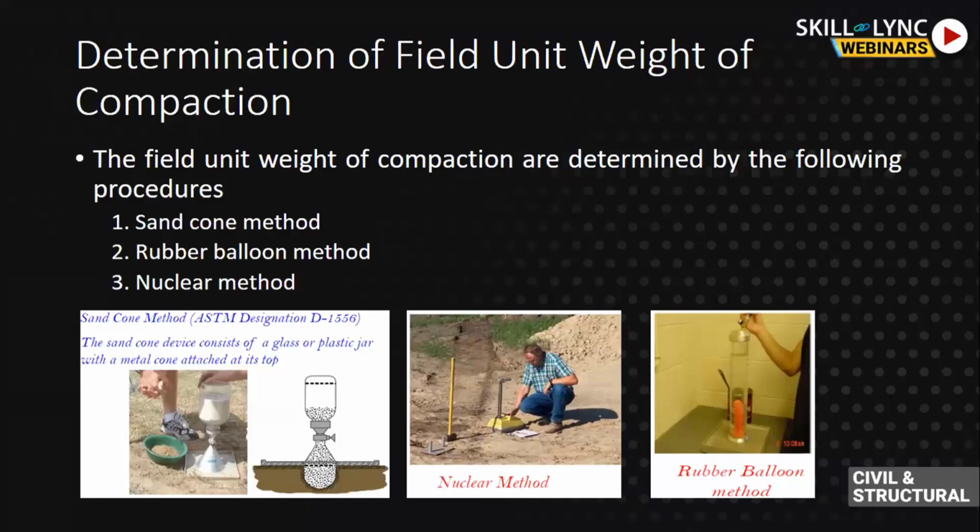In the nuclear method, we don't collect any sample. Radiation is used, and moisture suspect readings are one of the disadvantages of the nuclear gauge method. Although it encourages amateurs to use this method, it has its own limitations.